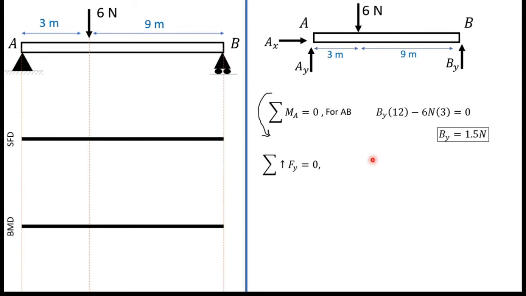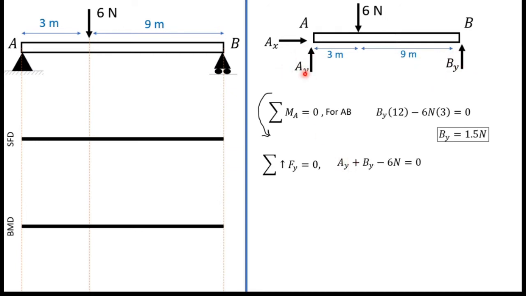Then I am going to take the sum of all the vertical forces. If we consider vertical forces, I have to consider this AY force, BY force and 6 Newton force. But now I already know the value of this BY force.